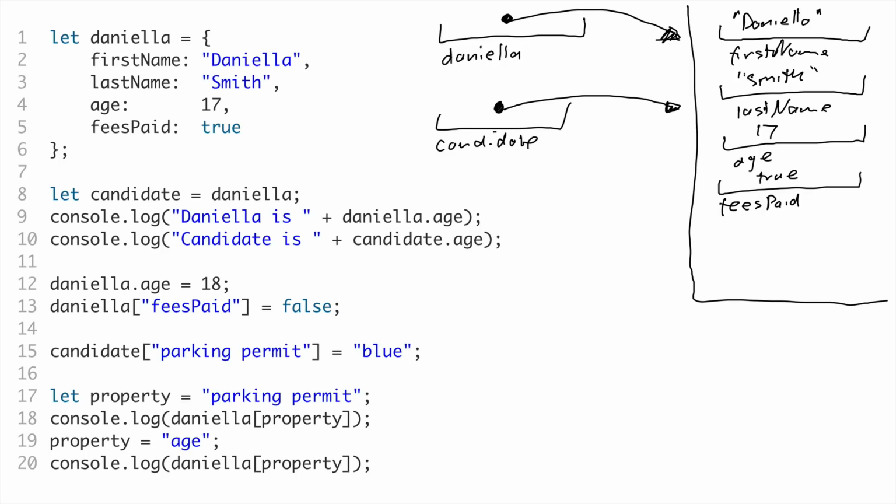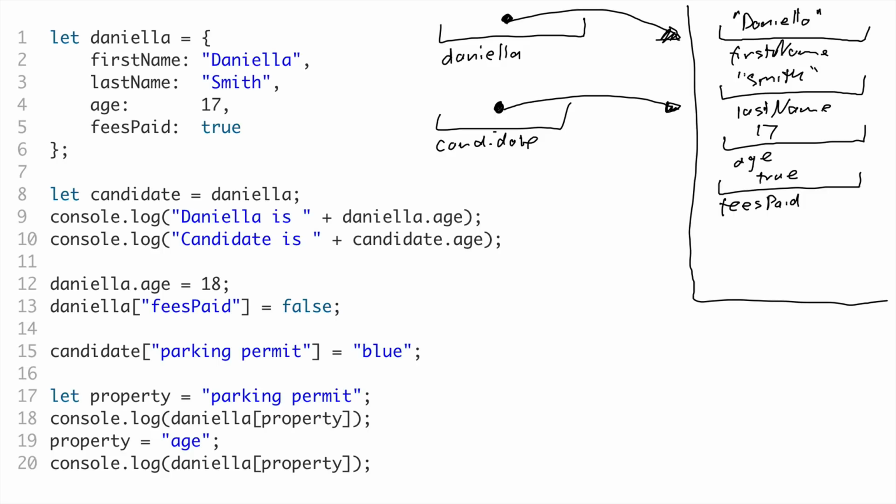So if we have a look at what happens on the console log lines, well, we log a string that says Daniela is, and then we refer to the variable Daniela, and we use this dot syntax to then refer to a particular property of this object. So Daniela points to an object, and when we say dot age, we select the particular property here, which is 17.